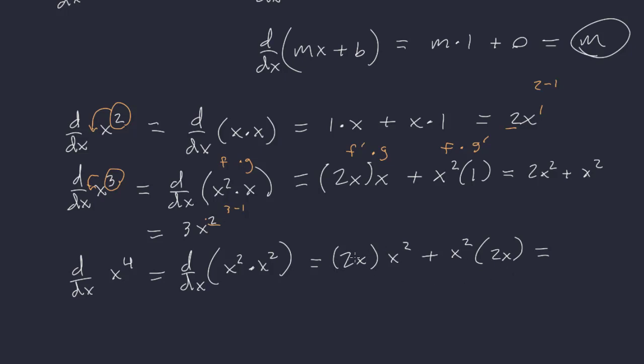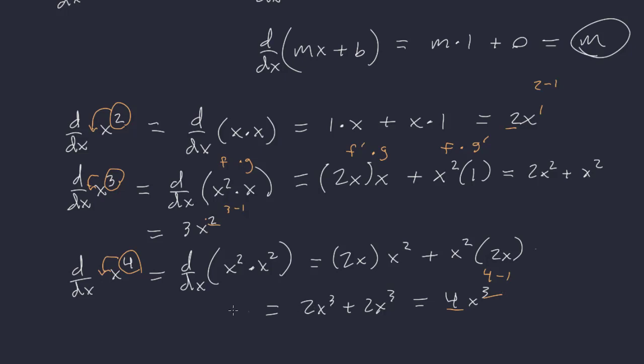And here we have 2x, x squared, so that is going to be 2x cubed plus 2x cubed, which is 4x cubed. And what do you know? Again, we have moved the exponent down, the 4, and then subtracted by 1 in the exponent. Right? This is 4 minus 1 up here.